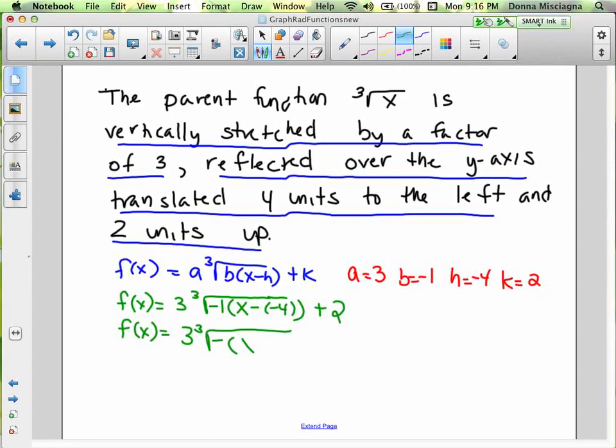Do you see why we need the parentheses? Because we have some parentheses there. All right, so without parentheses, it would be f of x equals 3 times the cube root of, and then we'd have to remember it's -x minus 4.